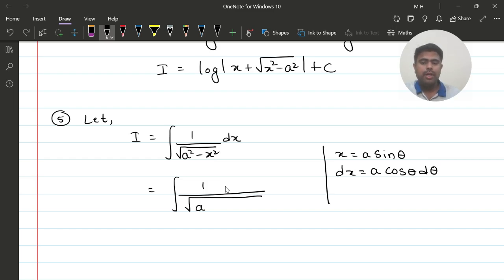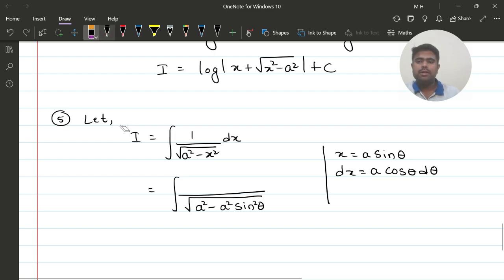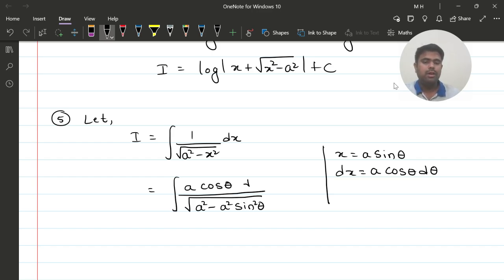So a square minus x square becomes a square sin square theta... just a minute... dx would be a cos theta d theta, right? So this is what you have now.